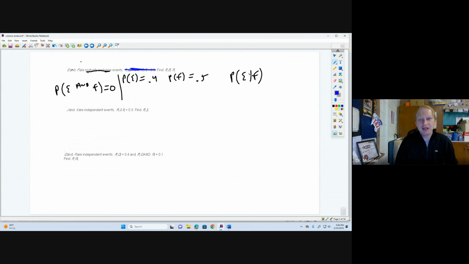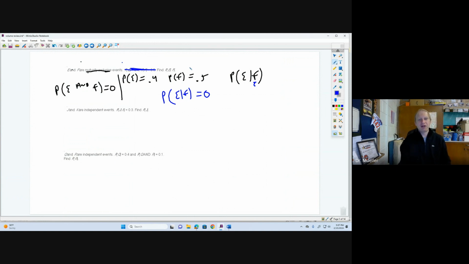The probability of E given F tells us that event F has already happened. That means event E cannot happen because it's mutually exclusive. So the probability of E given F is 0, because these events can't both happen.